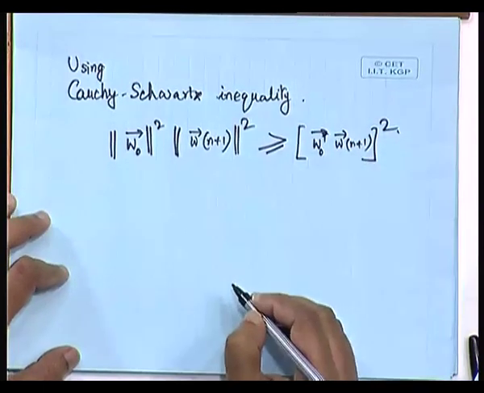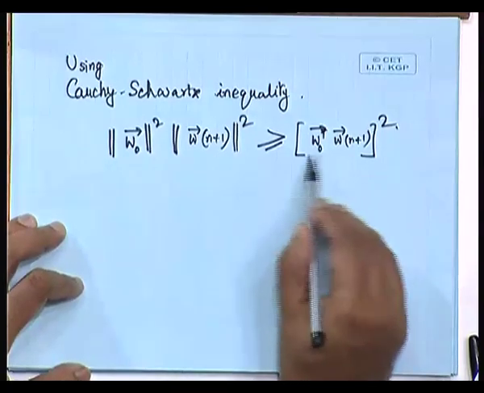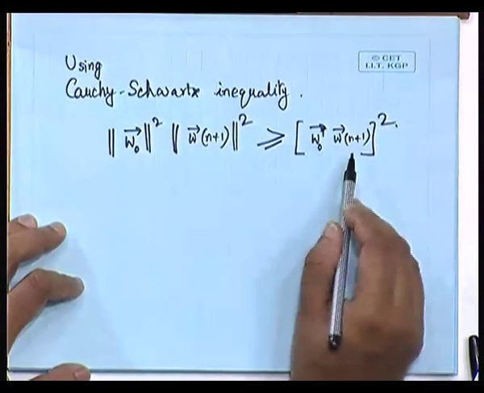So, this is the Cauchy-Schwarz inequality, and we know the bound on W0 transpose Wn plus 1.